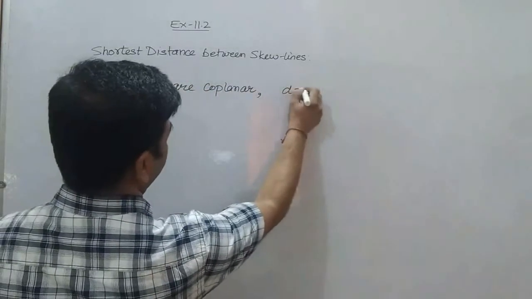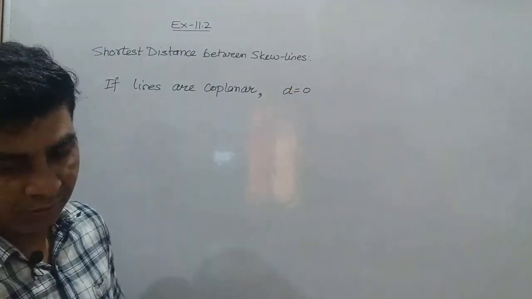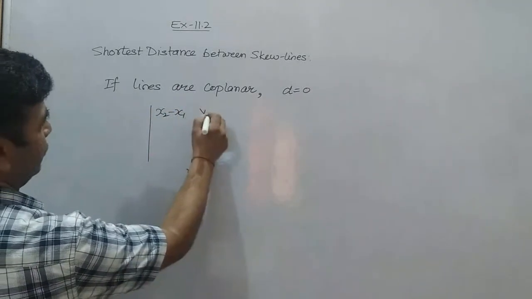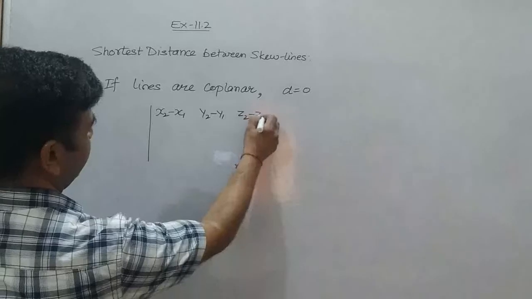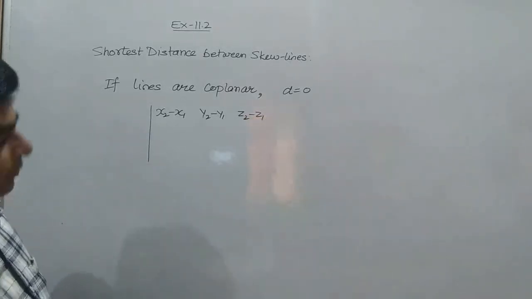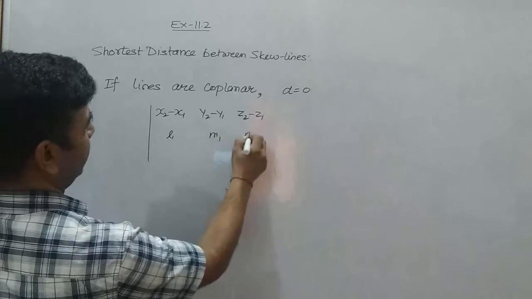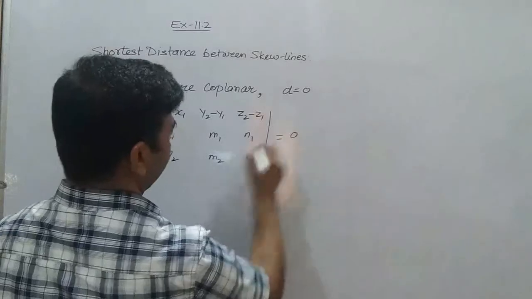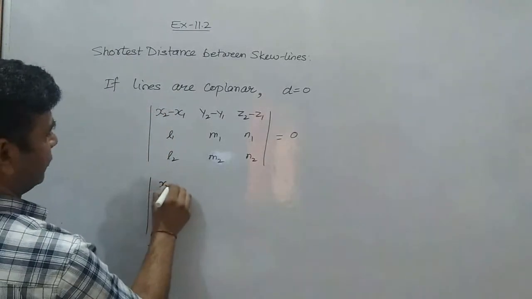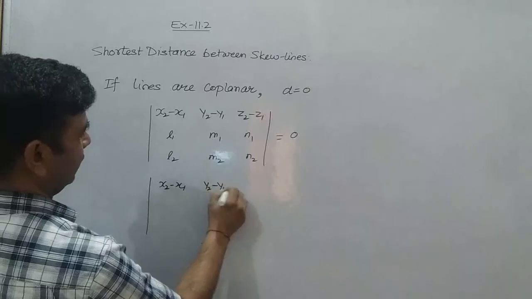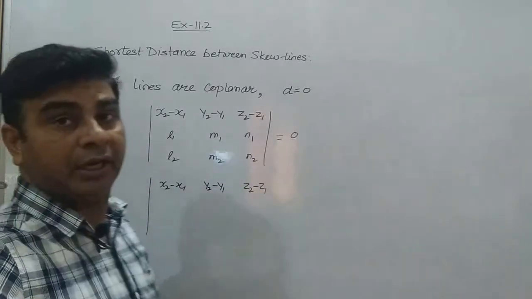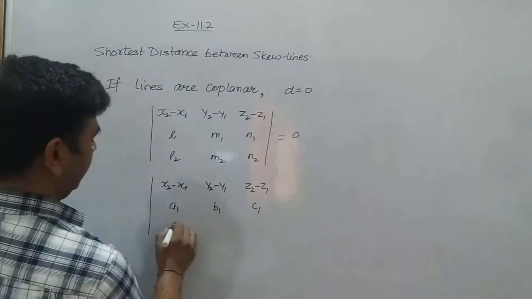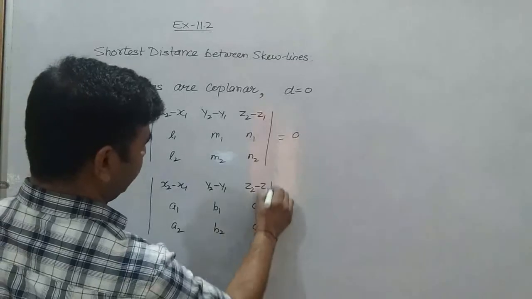Then d will be equal to 0, and this can be given by formula x2 minus x1, y2 minus y1, z2 minus z1, and this is your L1, M1, N1, L2, M2, N2, or simply this should be equal to 0, or this can also be written as x2 minus x1, y2 minus y1, z2 minus z1, and your a1, b1, c1, a2, b2, c2, and this is equal to 0.